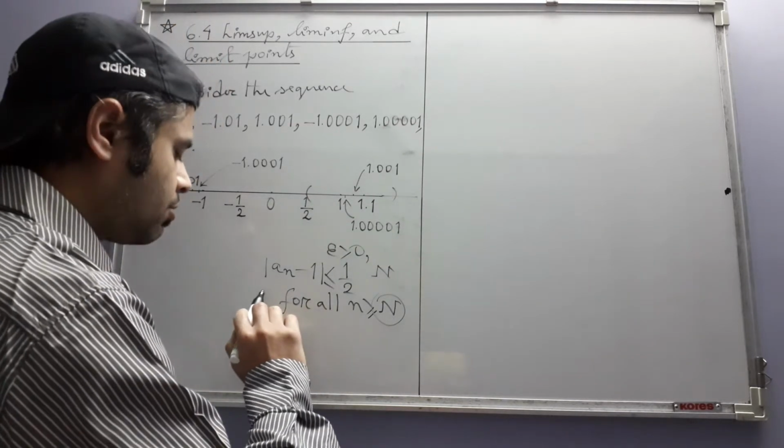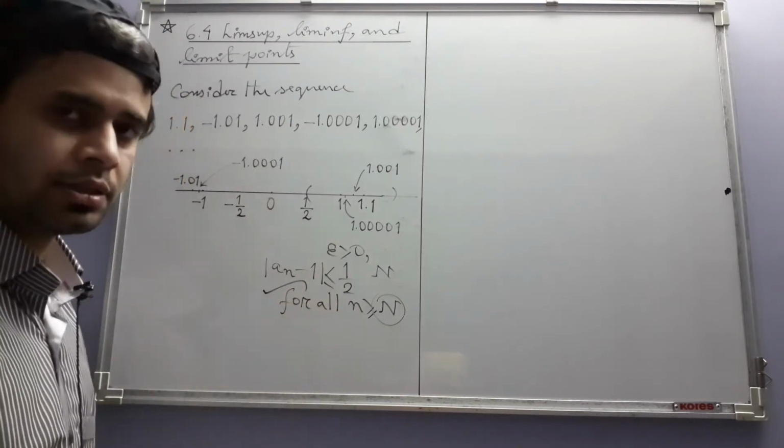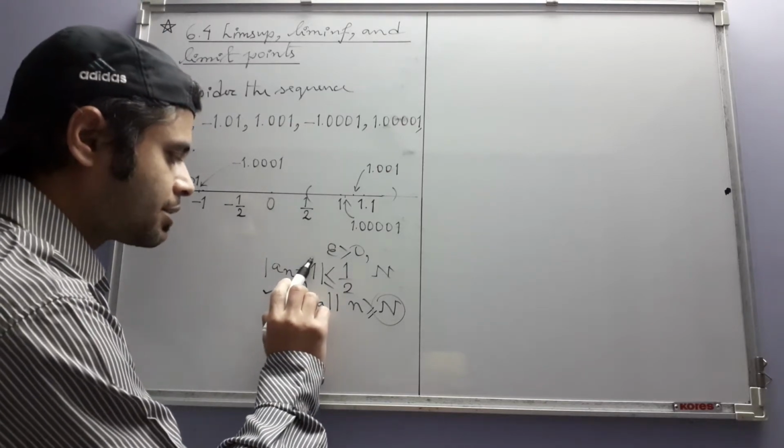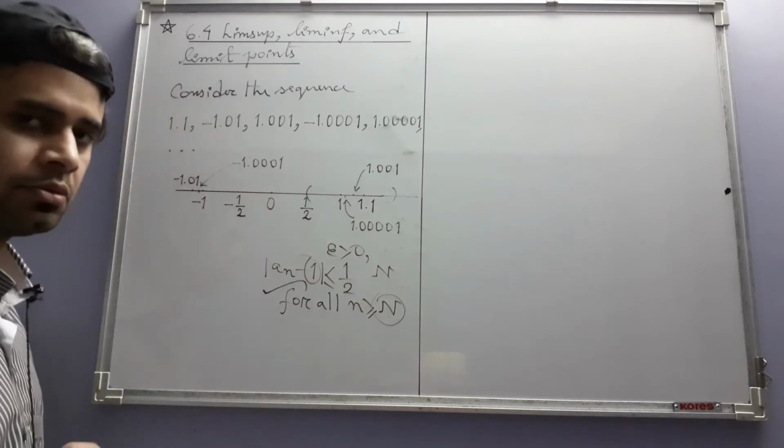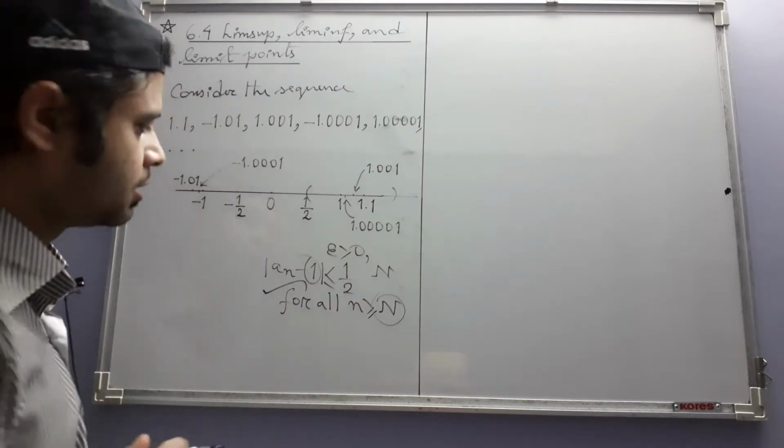So there is no getting around this. So that's why the sequence does not converge to 1. 1 is not a limit of the sequence.